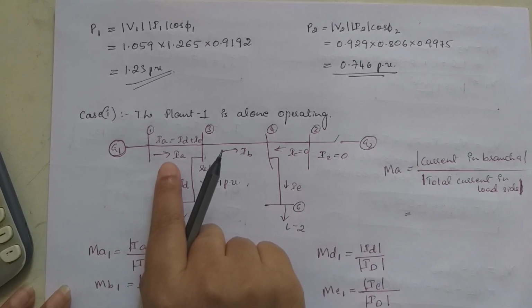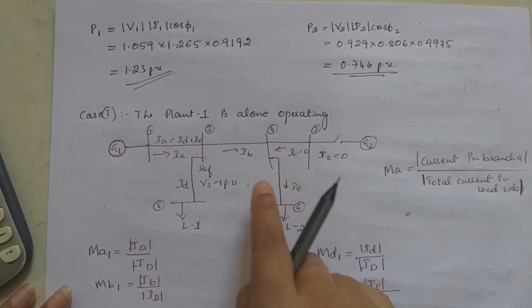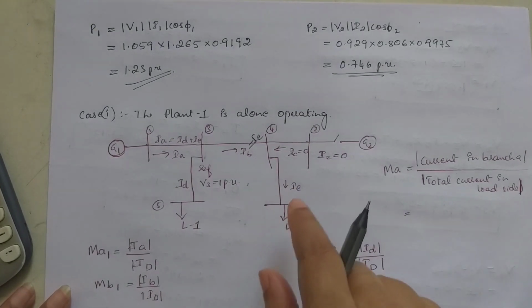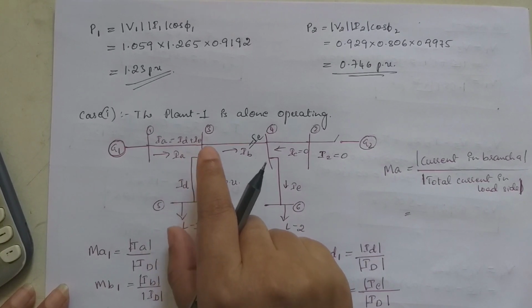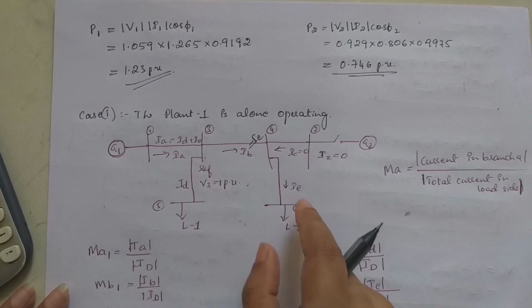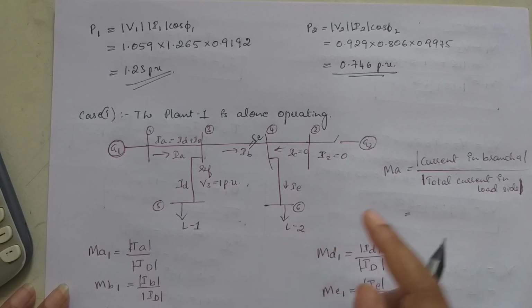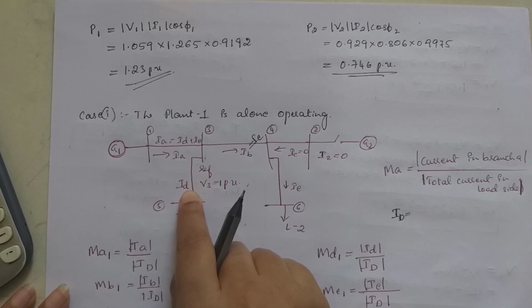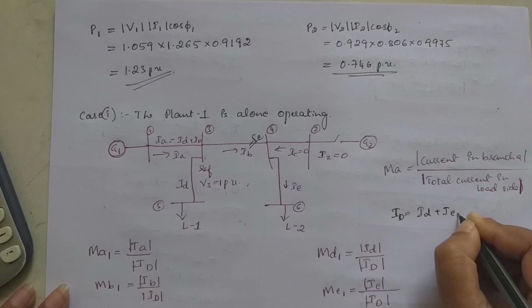And here you can see IA is equal to ID plus IE. IB is equal to IE. So IA is equal to ID plus IE. Here L1 and L2 are two loads. So the total load current Id is equal to small Id plus IE.